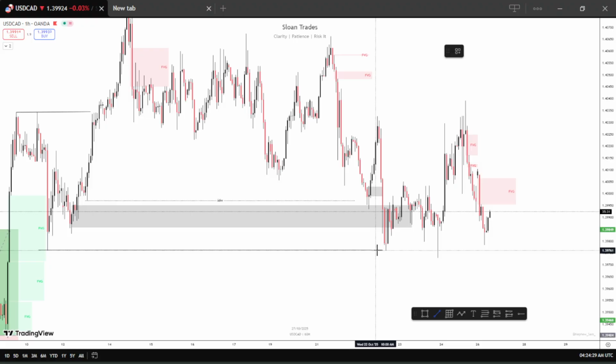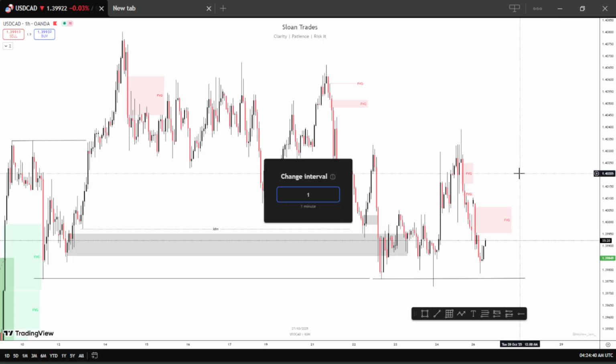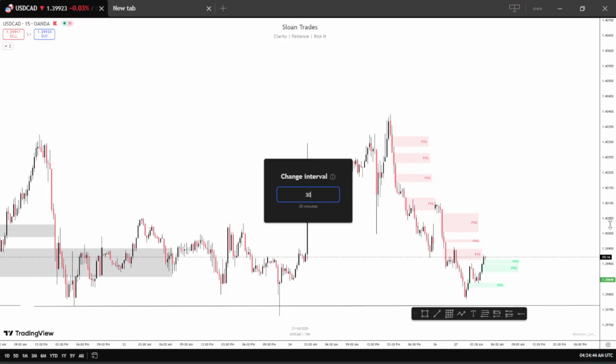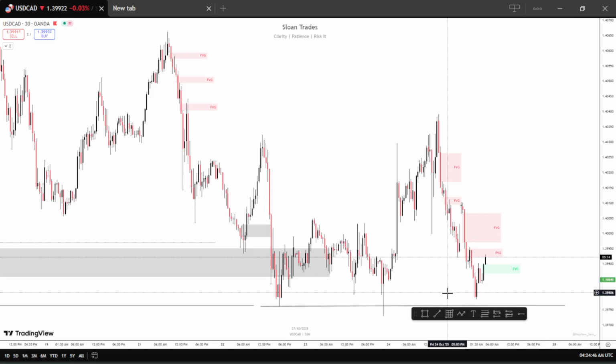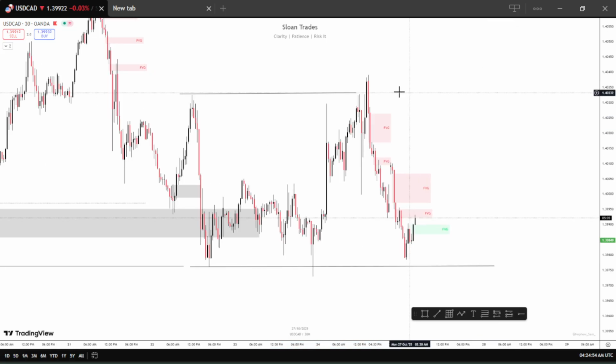If I mark it now, okay. So yeah, that's eventually what I'm looking at to happen on this particular pair. So this was my breaker structure here, and this was a retest into this week.